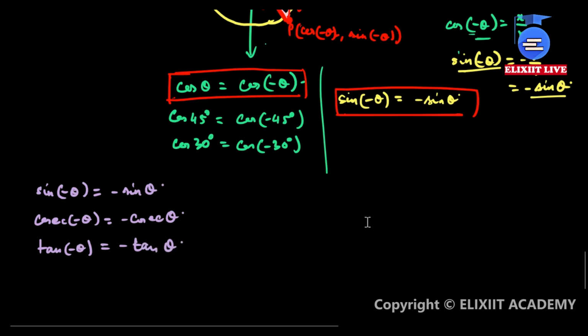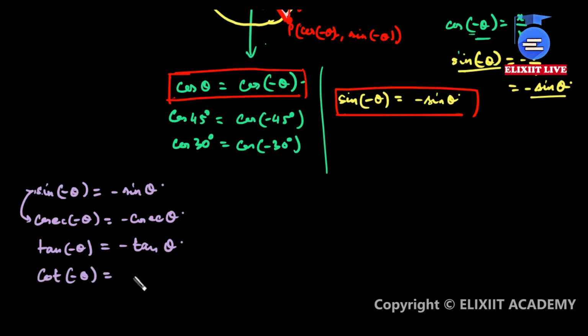Cosec minus theta is simply 1 by sine of minus theta, the opposite of sine. So if tan of minus theta is minus tan theta, then cot of minus theta, the opposite of tan, will be minus of cot theta.